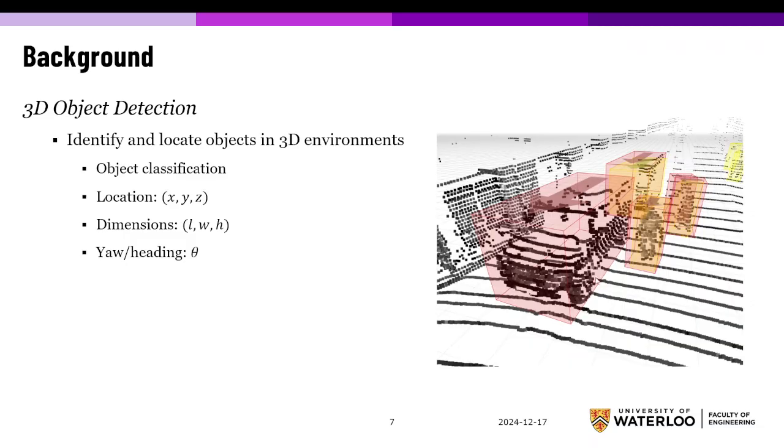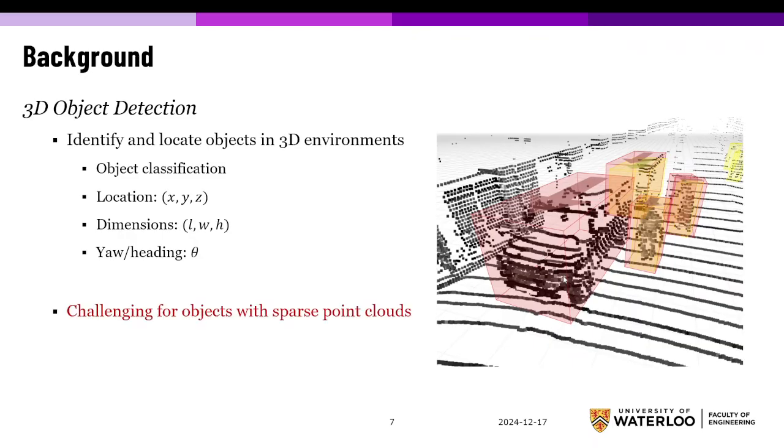And since it's in 3D, we also have an additional degree of freedom in the yaw and heading of the object. So compared to 2D object detection, wherein typically we are only interested in an XY and length and height of the bounding box, the bounding box in the 2D object detection case will be axis aligned. The 3D object detection bounding boxes have more degrees of freedom.